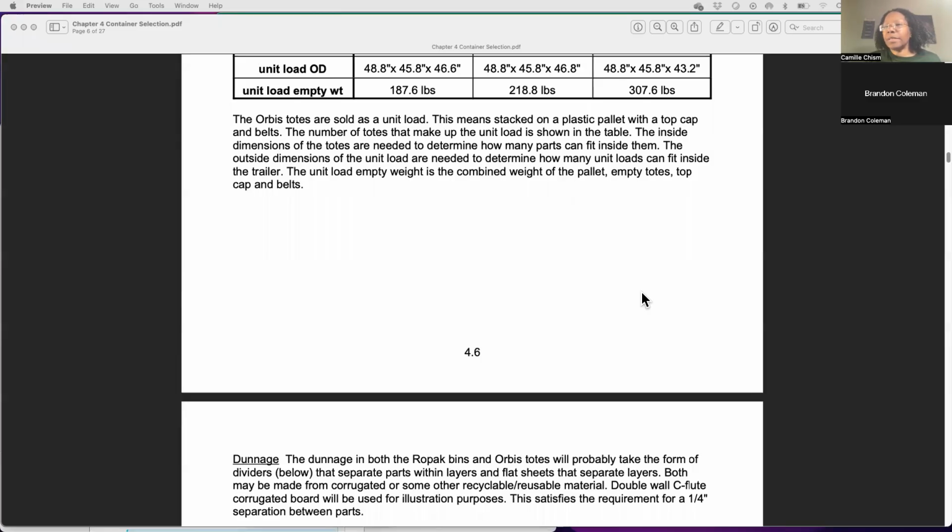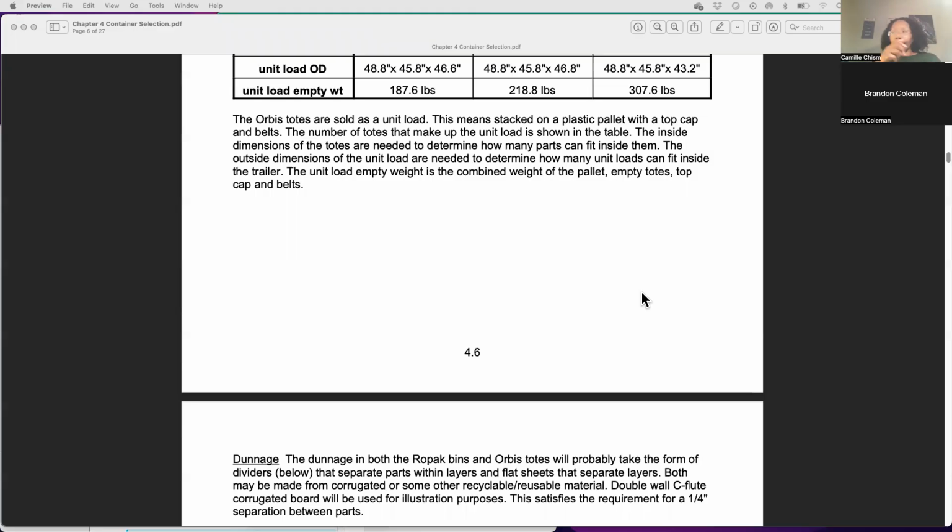I would have to look that up, but I just know that when we look at the packaging, we won't go above 45. If it's 45,000 and 200 pounds, we'll just back it off and make it below 45,000.